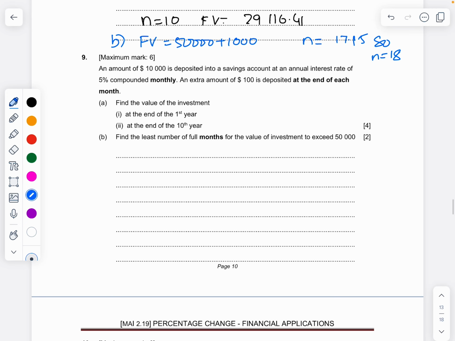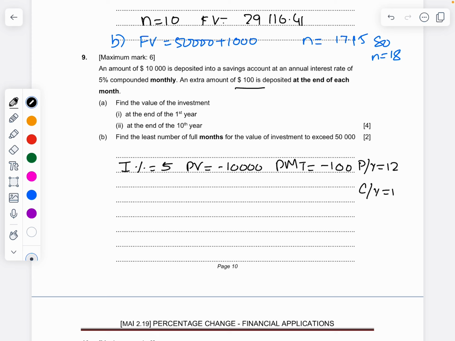Question number 9. An amount of 10,000 is deposited into a savings account at an annual interest rate of 5% compounded monthly. An extra amount of 100 is deposited at the end of each month. Find the value after the first year and 10th year. Again, I% should be equal to 5, PV equals minus 10,000 and PMT is minus 100. Then P/Y is 12, C/Y is also 12.